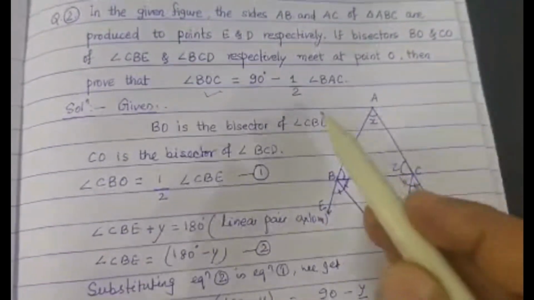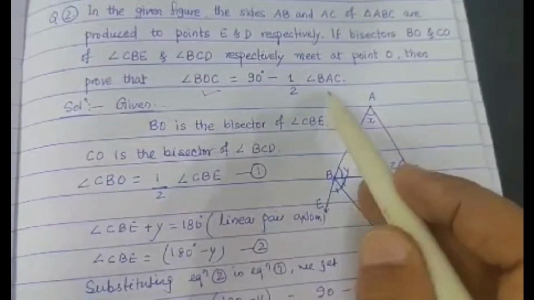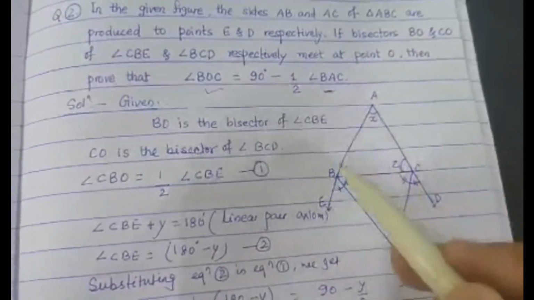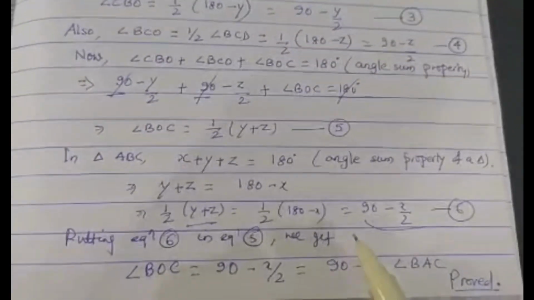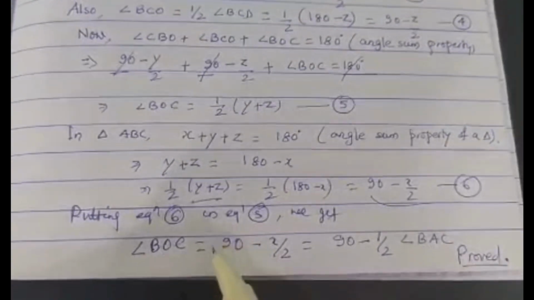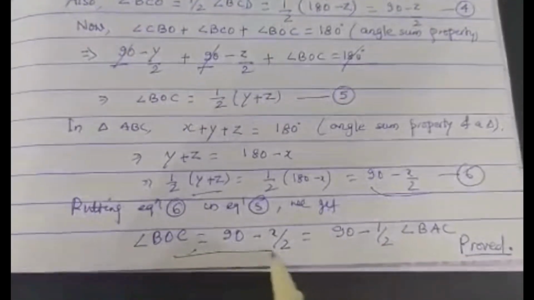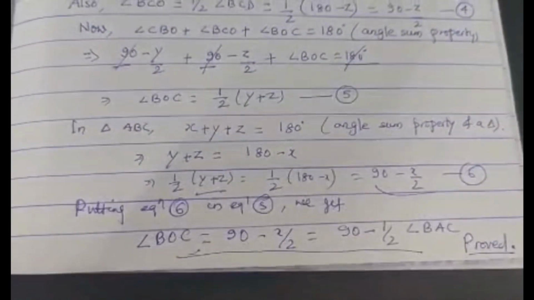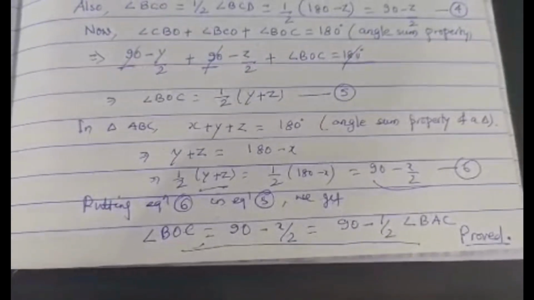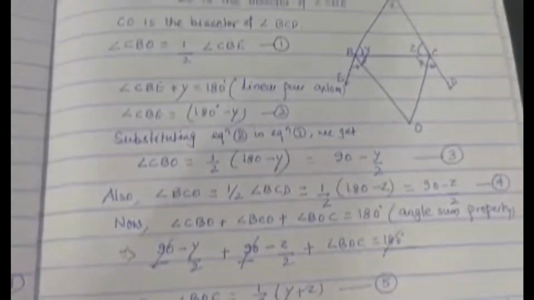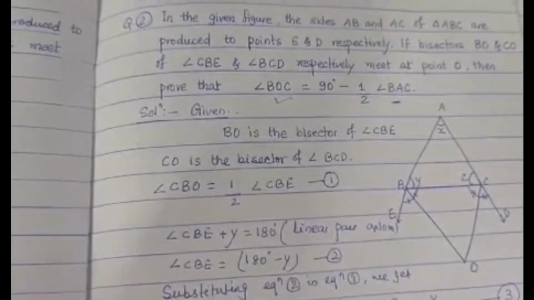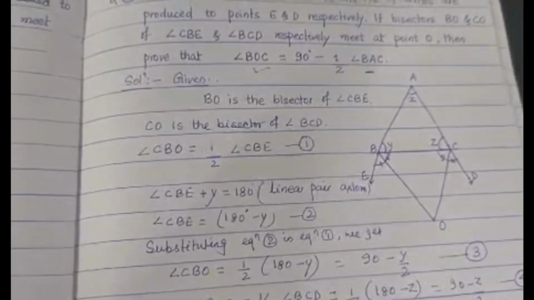Then we had to bring out this relation with angle BAC, so then we concentrated on this triangle, and then we got some information and we put it into the equations, and this is how we got what we had to prove, angle BOC equal to 90 minus half of angle BAC. Alright, so let's move on to some more questions, very good questions. These two questions were very good.